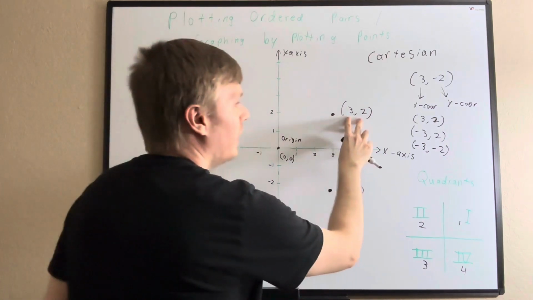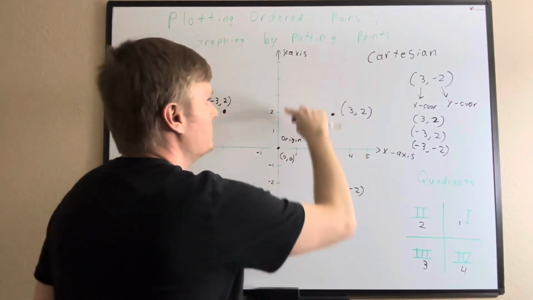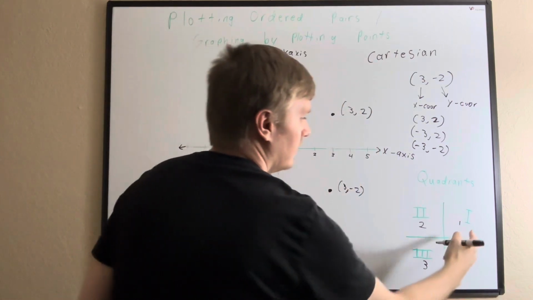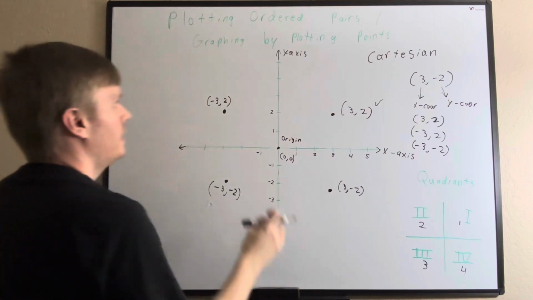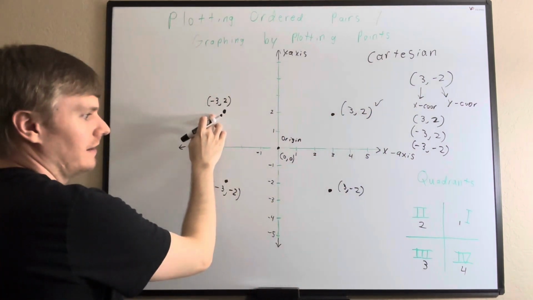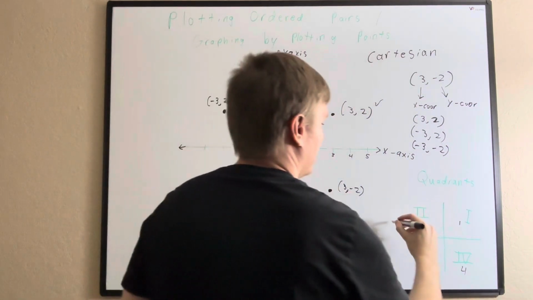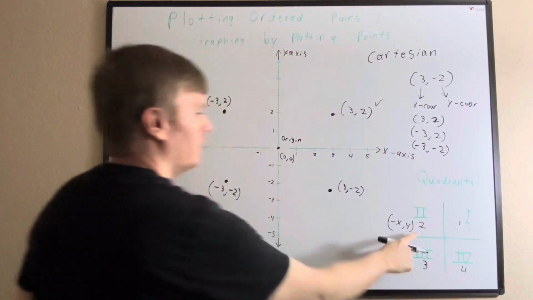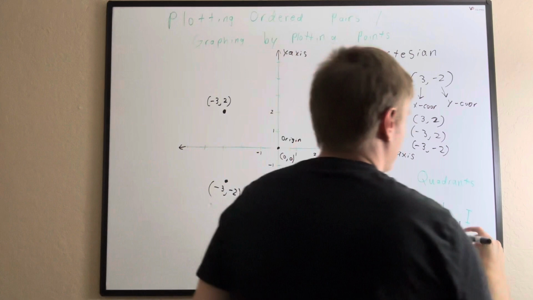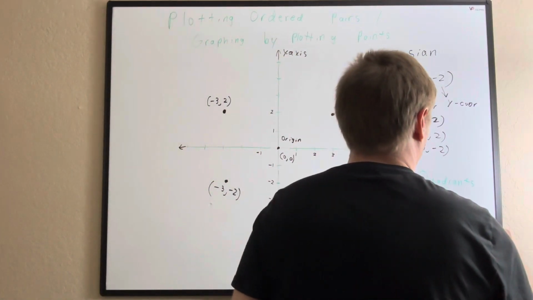Now, how can we know if we did it right? Well, if both are positive, then we should be in quadrant 1. And we are. If x is negative and y is positive, we should be in quadrant 2. Let me just write x, y here.